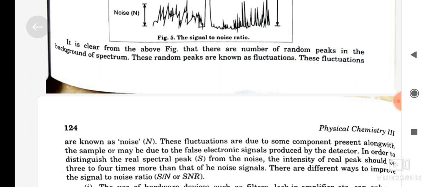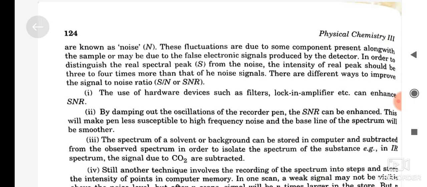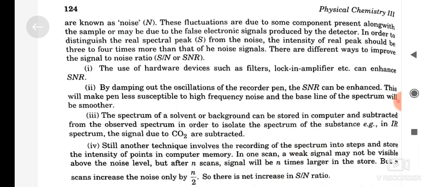These random peaks are known as fluctuations. These fluctuations are known as noise, denoted by capital N. These fluctuations are due to some components present along with the sample, or may be due to false electronic signals produced by the detector. In order to distinguish the real spectral peak from the noise, the intensity of the real peak should be 3 to 4 times more than that of the noise signal.